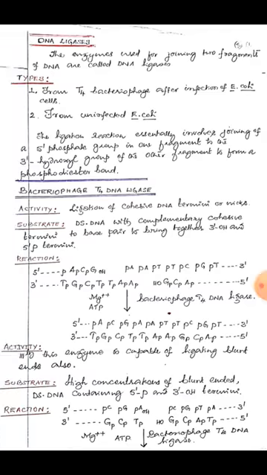The enzymes which are used for joining two fragments of DNA, that is for ligation of DNA, are called DNA ligases. There are two sources from which the DNA ligases are extracted.